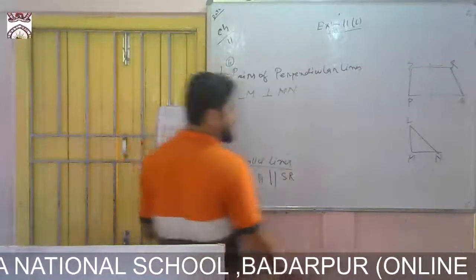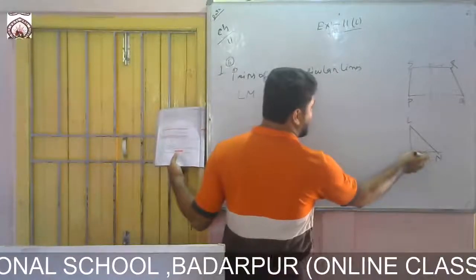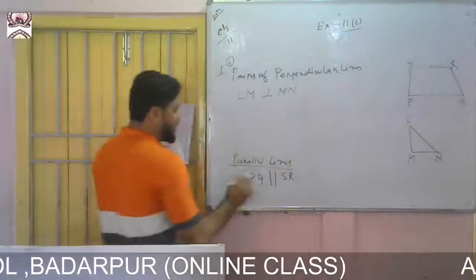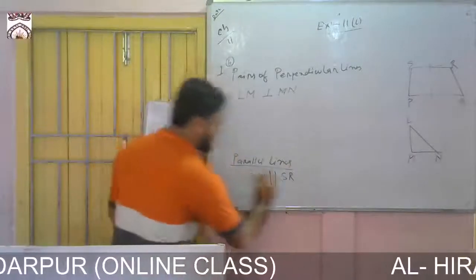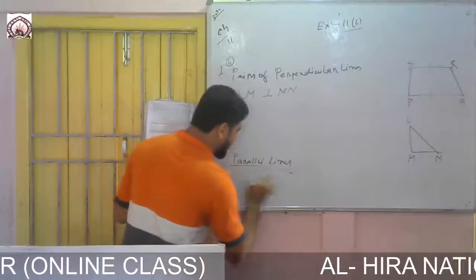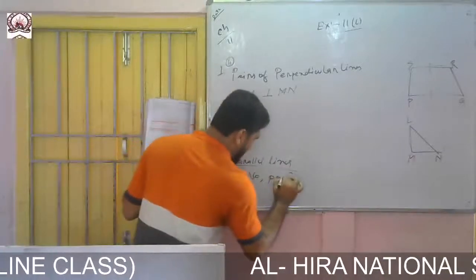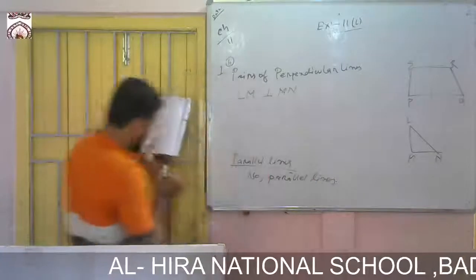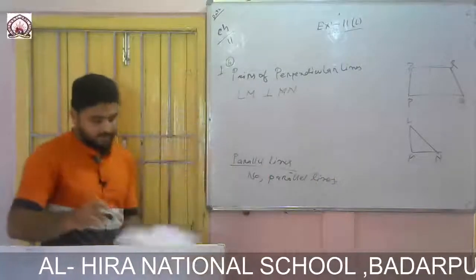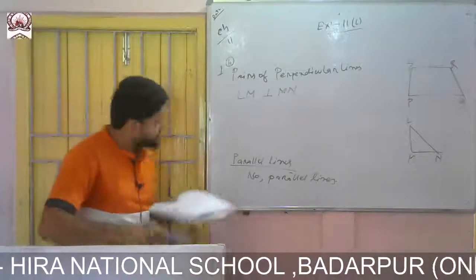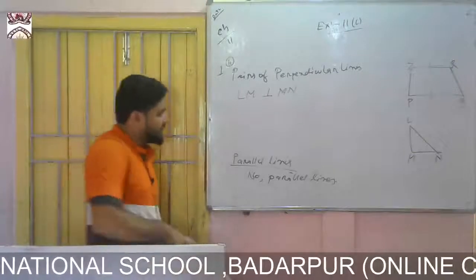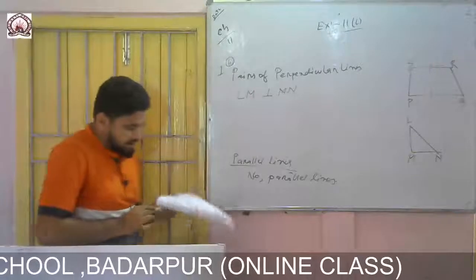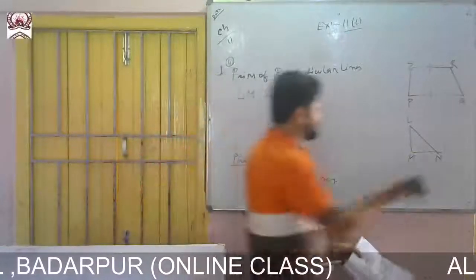And there are no parallel lines. This line is not equal to this. So these three lines are not parallel, because each is meeting. So no parallel lines. Now come to Roman 4.